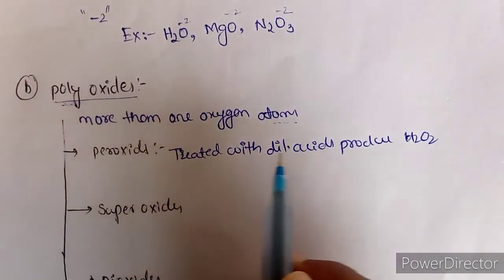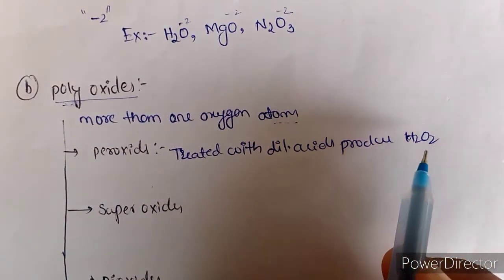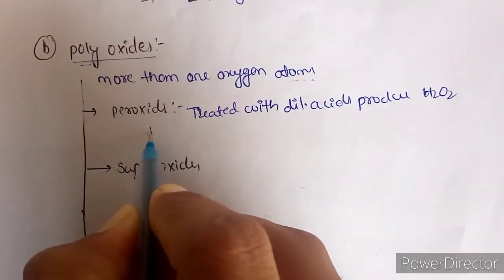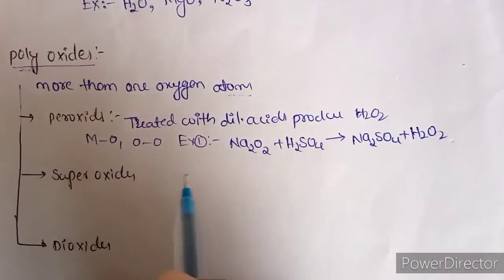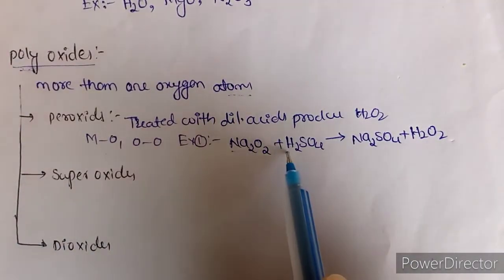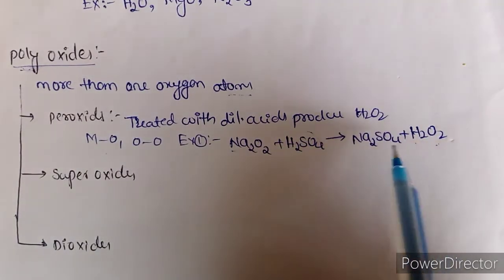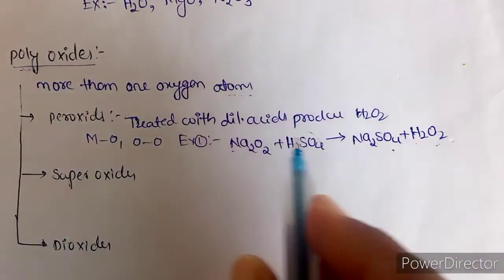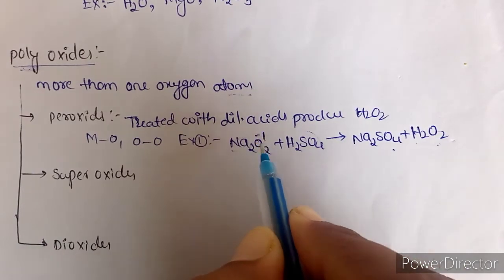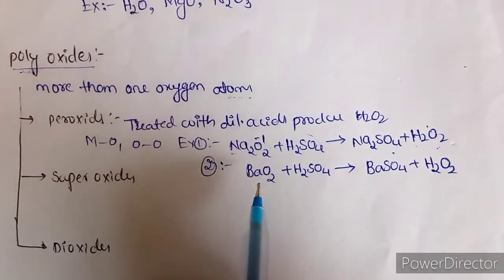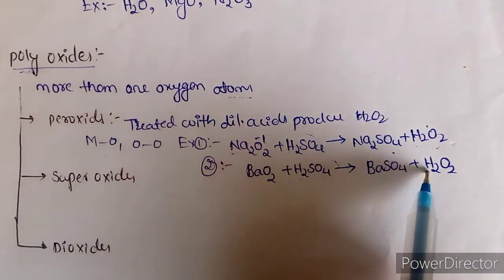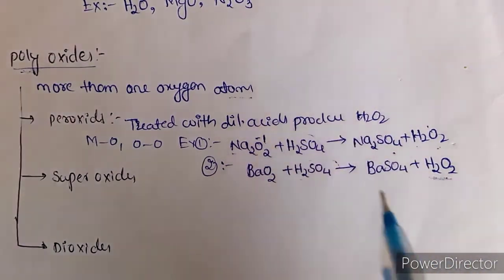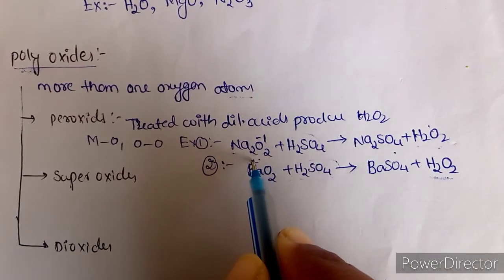In peroxides, if we treat with dilute acid that produces H2O2, then we can call it a peroxide. And this peroxide contains M-O bonds and an oxygen-oxygen bond. Example Na2O2. If we treat it with acid, in this reaction it produces H2O2, so it is a peroxide. Second one, barium oxide.